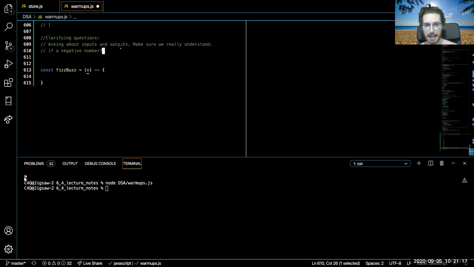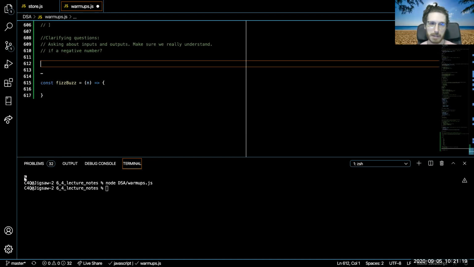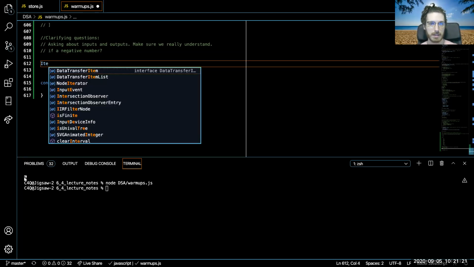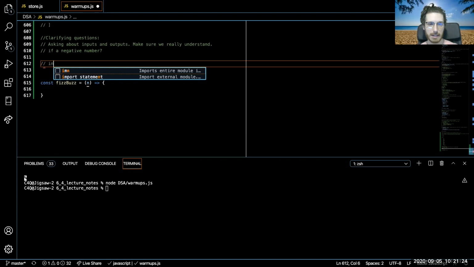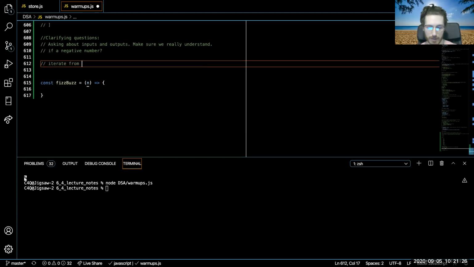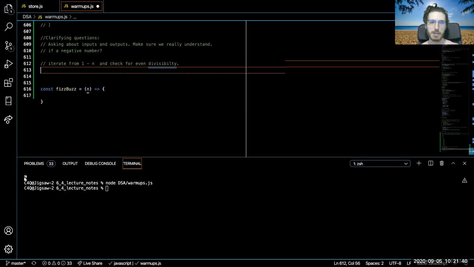So as far as our plan, our plan will be to iterate. We can iterate from 1 to n and check for even divisibility. But there's an order we have to check, right? That's part of the trick. We have to check for the FizzBuzz, the 3 and 5, first, and then either one doesn't matter.